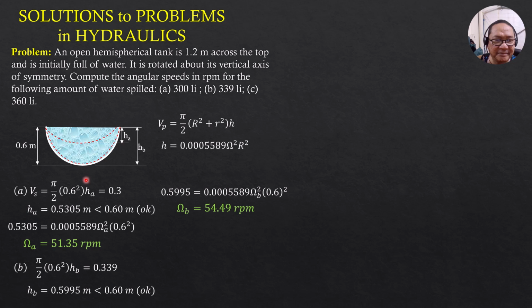Therefore the volume spilled is no longer equated to the volume of a paraboloid of revolution, because Hc is 0.6366, greater than 0.6.